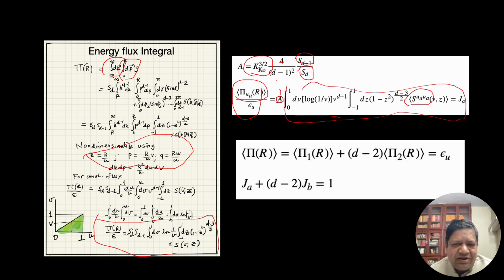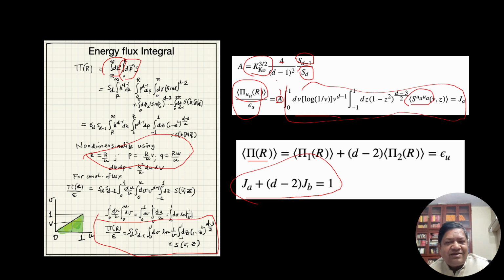It turns out if you do the total flux, which is the sum of all these fluxes, we have the constraint that A multiplied by the integral is J. So J plus (d minus 2) J_B is 1, and there will be the prefactor A outside.